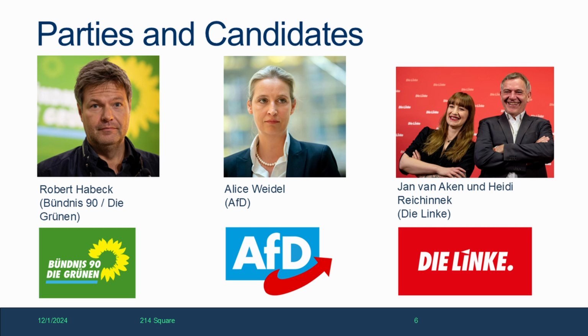Then the top candidate for Alliance 90 Die Greens or Bündnis 90 Die Grünen is Robert Habeck. He is currently the Minister of the Economy in the Scholz administration. Then followed by Alice Weidel for AfD, Alternative für Deutschland or Alternative for Germany.